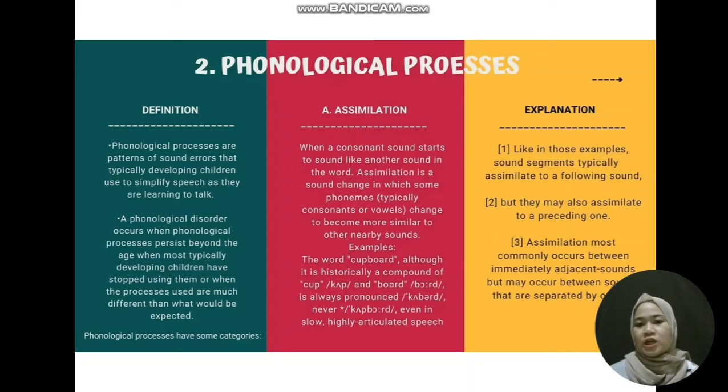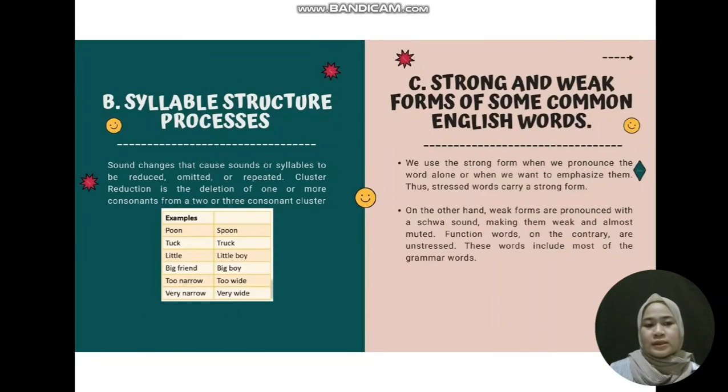And this is the explanation of the example. Syllable structure process: sound changes that cause sounds or syllables to be reduced, omitted, or repeated. Cluster reduction is the deletion of one or more consonants from a two or three consonant cluster. This is an example.